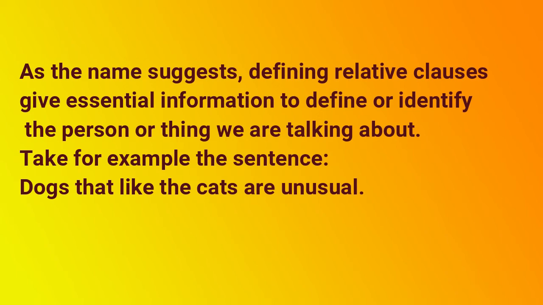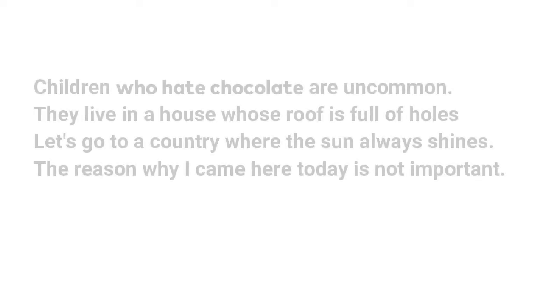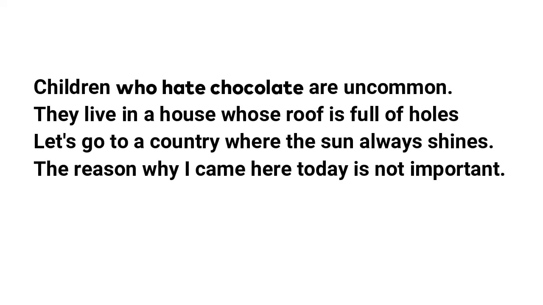Let's see some more examples. Children who hate chocolates are uncommon. They live in a house whose roof is full of holes. Let's go to a country where the sun always shines. The reason why I came here today is not important.